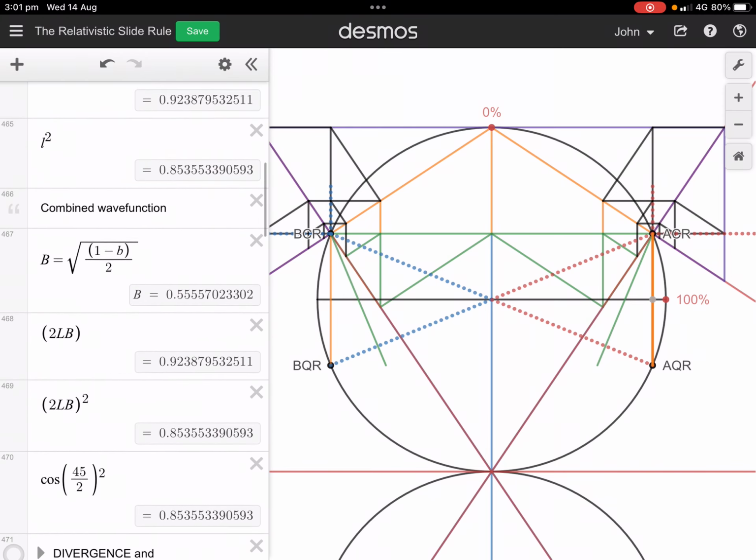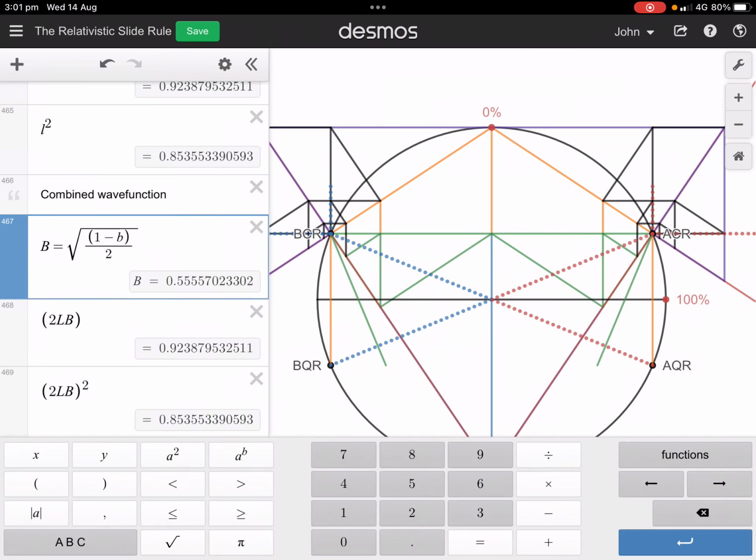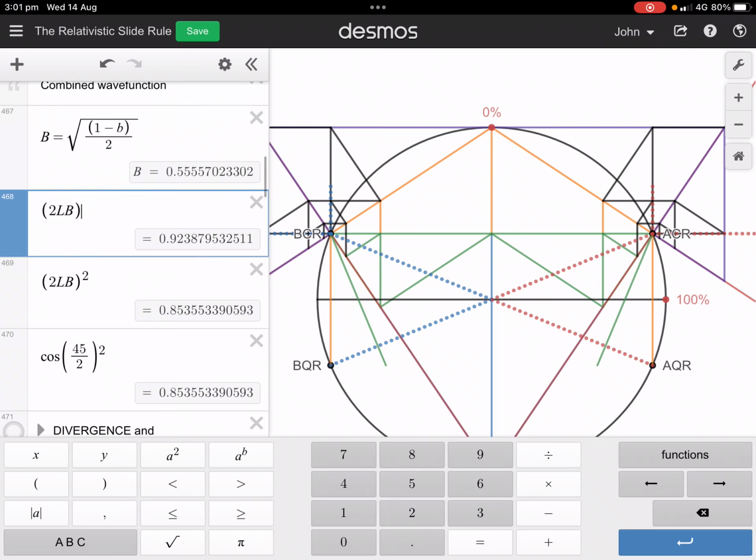It's normalized, but I can combine those two into a single capital B combined wave function, and that's the calculation there. And now I end up with just a single 2LB, which is actually equivalent to their separate L's.